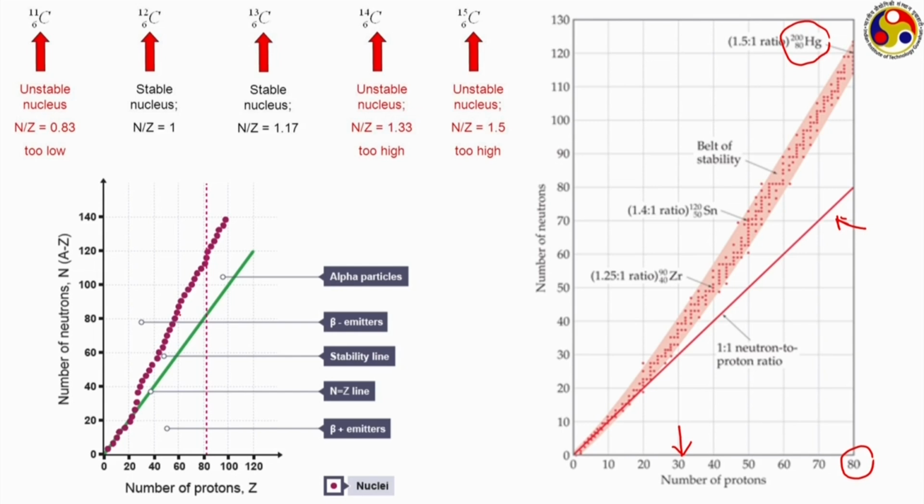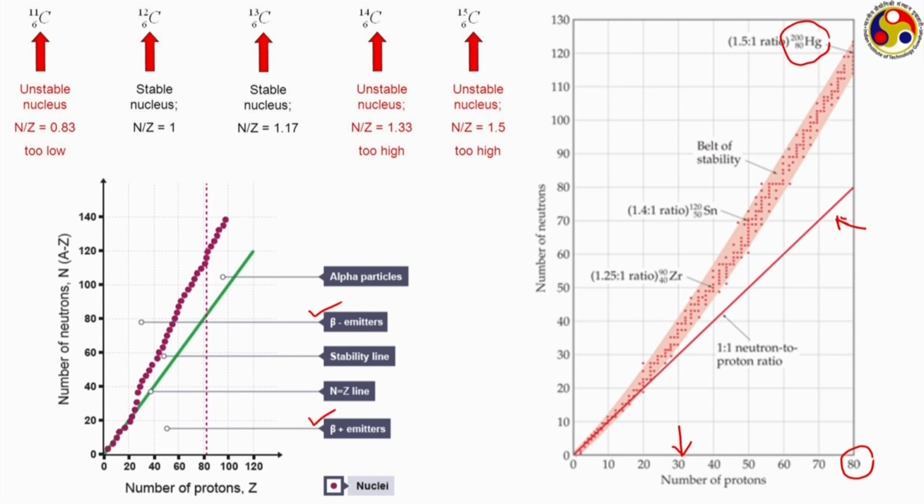So, the elements which have an n by z ratio higher than this, that is more neutrons compared to the protons required for the element to be stable, are beta emitters, or they go through beta decay kinds of reactions. Whereas the elements which have a low n by z ratio, that is, more protons compared to the number of neutrons, go through a beta positive emission or positron emission.